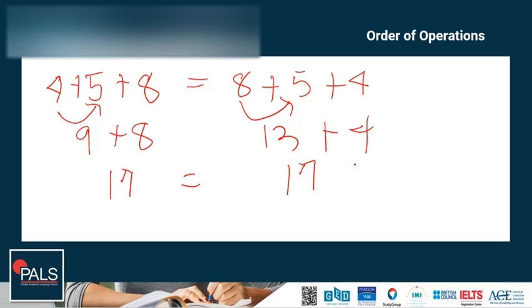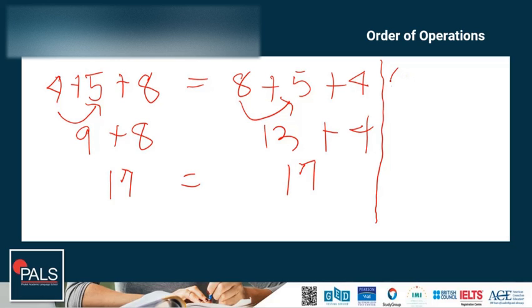of addition. How about associative property of multiplication? Okay, I have only little space, but I'll try to write it in this area. This is for multiplication.